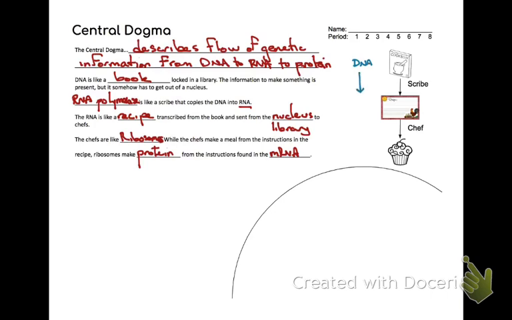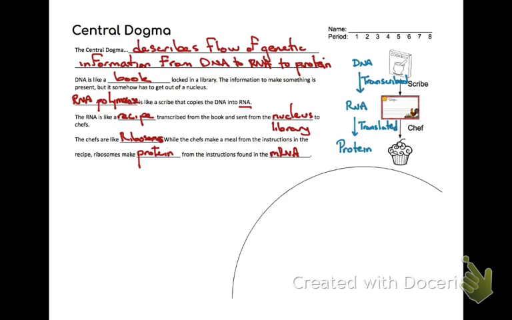That DNA has to be transcribed into an RNA form by RNA polymerase, and that RNA is ultimately going to be translated into an amino acid or a protein sequence, and this is carried out by the ribosome.